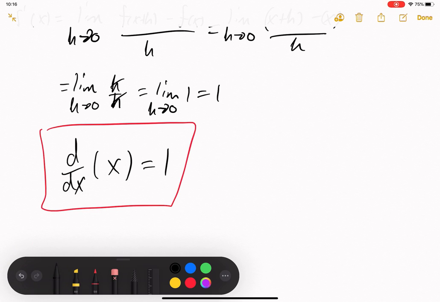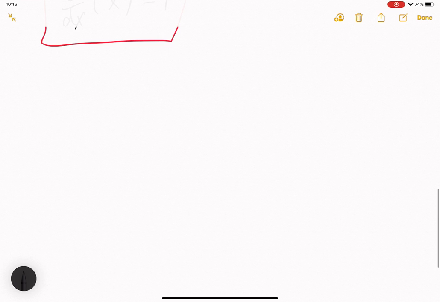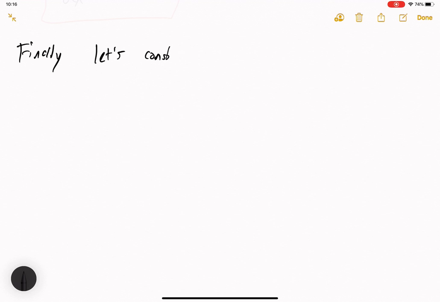Finally, let's consider another function where we can find its derivative. Okay, sorry, it's being funky. All right, so finally, let's consider f of x equal to x squared, and we want to find f prime.